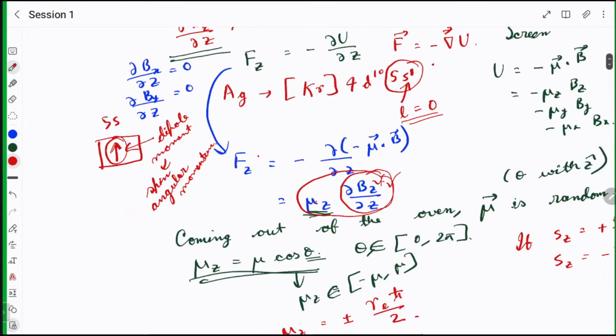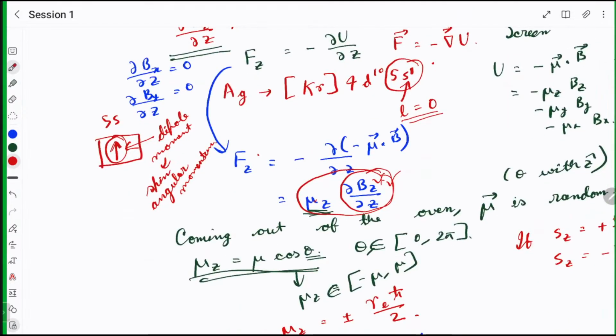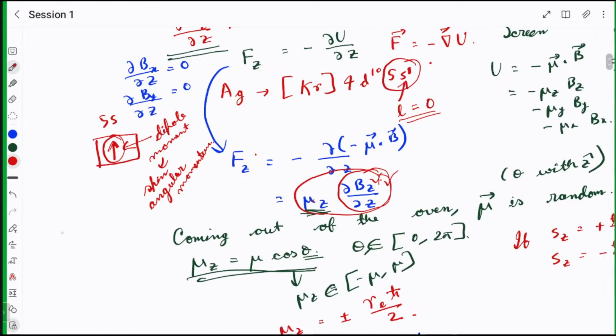Again, that brings us to that relation: how is the magnetic moment related to the angular momentum? It's just related by a factor gamma. So if Sz is not 0, mu z will not be 0, and you will have a dipole moment.